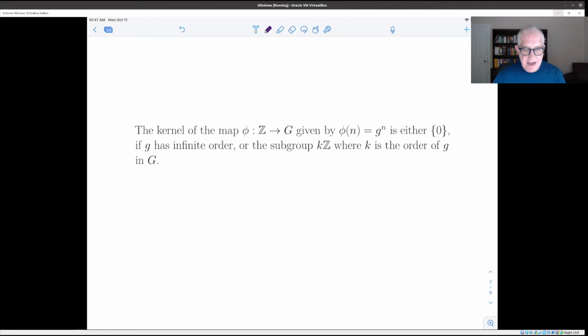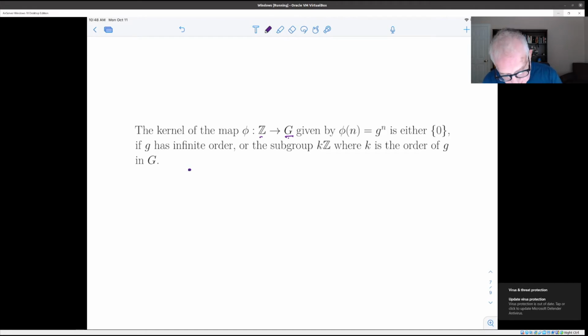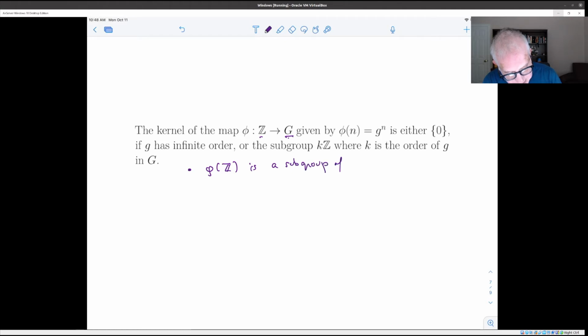What about the map where you have an arbitrary group G and you take the map phi from Z to G given by phi of n equals g to the n? The first thing to notice is that by our previous work, phi of Z is a subgroup of G. Remember, the image of any subgroup of Z, and in particular Z itself, is a subgroup of the codomain group G. What subgroup is it?